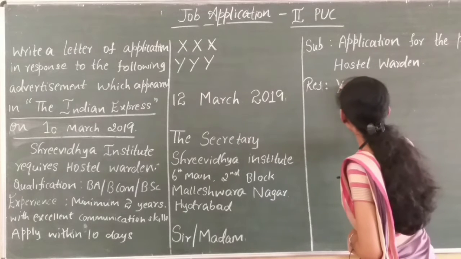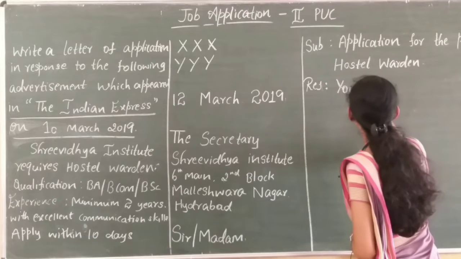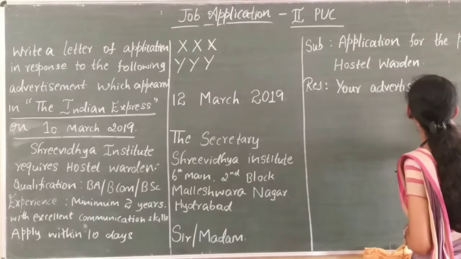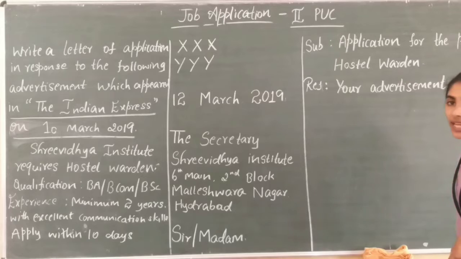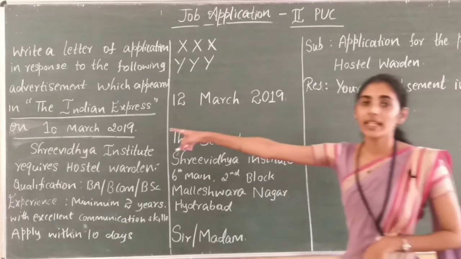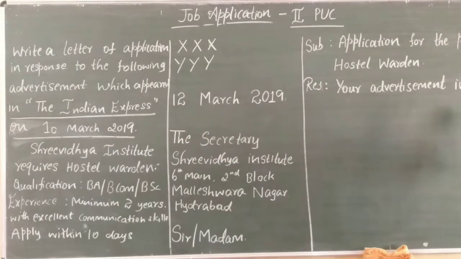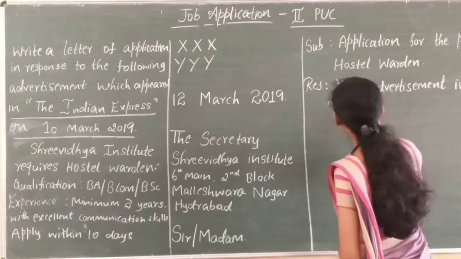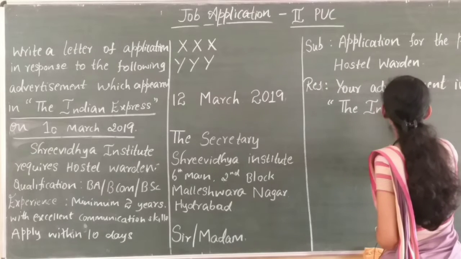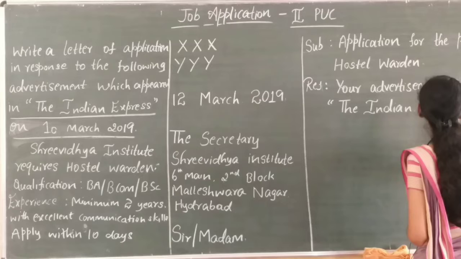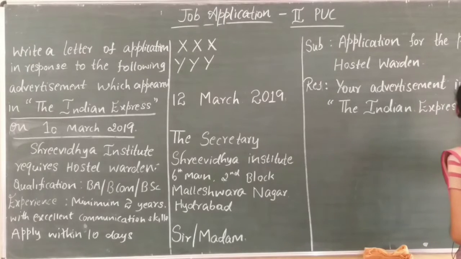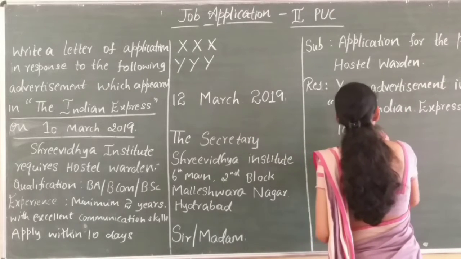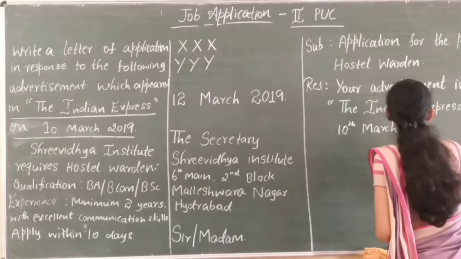So you have to write your advertisement in, and then the name of the newspaper, written in the same way within inverted commas, the Indian Express, dated when? 10th March 2019.